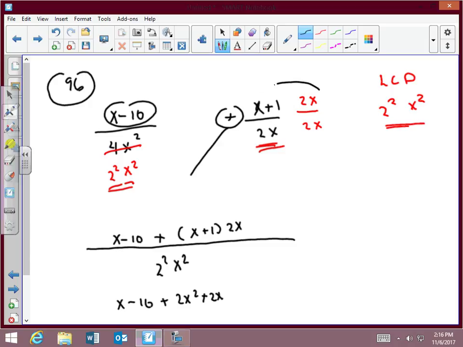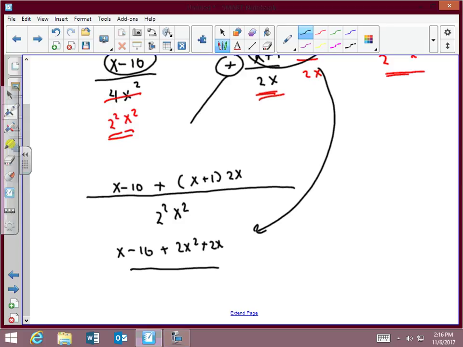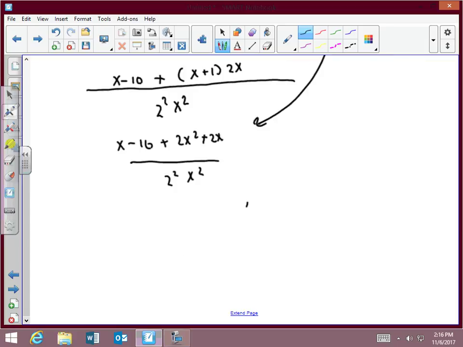You could actually go from this right down to here, over 2 squared x squared. Now that numerator, I want to write it in descending order, leading term positive. And that's going to be 2x squared plus 3x minus 10.